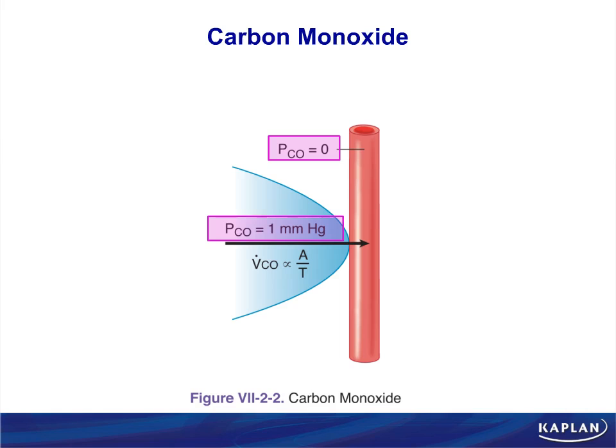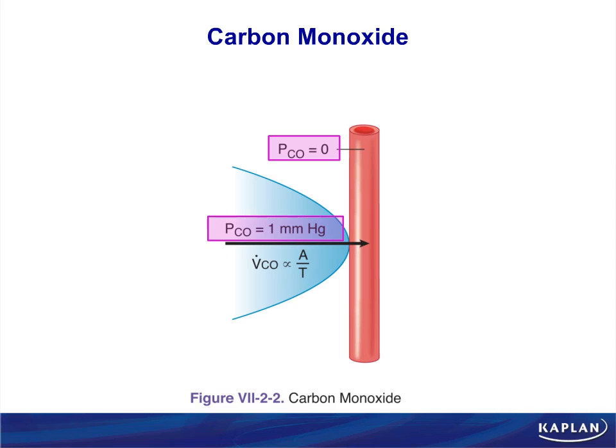Well, we can't do that in a patient or a volunteer even. No one's going to volunteer for you to figure out a way to sample blood coming right out of an alveolar capillary. So since it doesn't equilibrate and since it's so low, we can just ignore it.